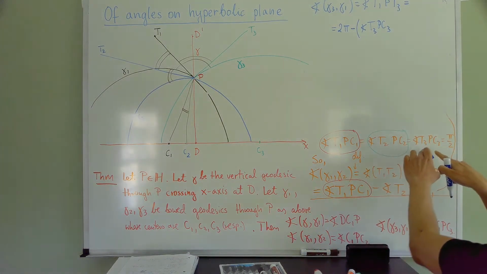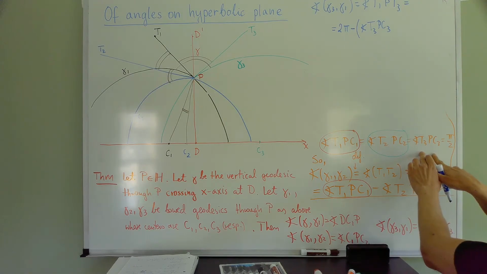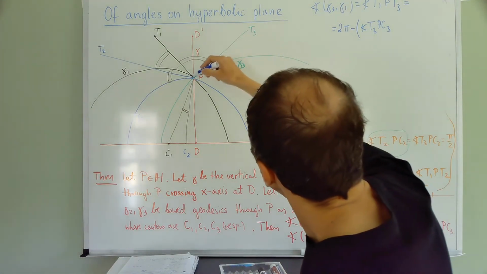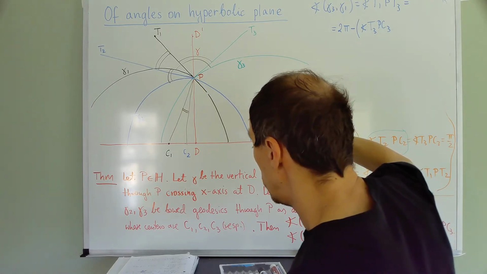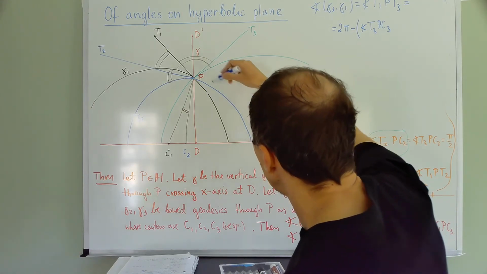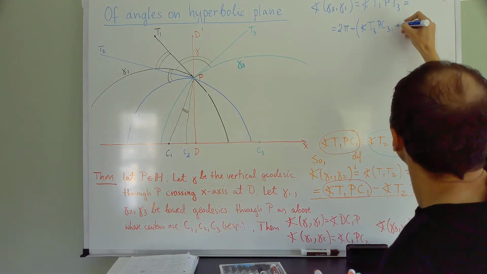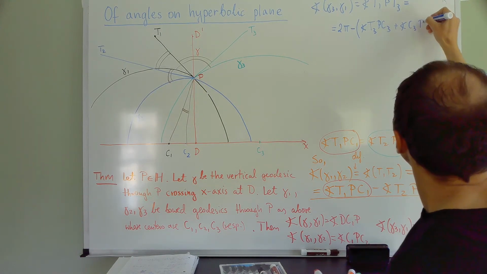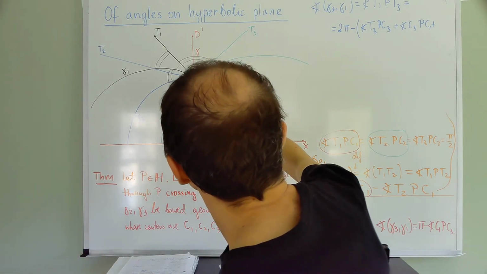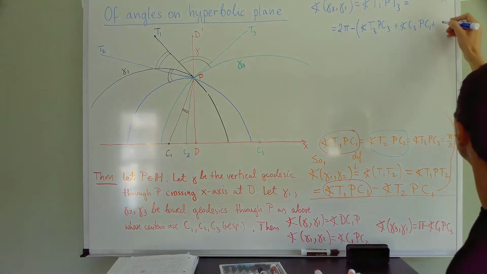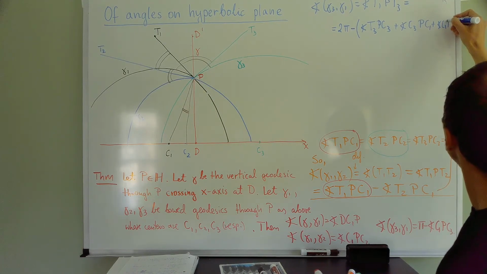I'm doing it because I know T3 P C3 is actually 90 degrees. Then plus the angle C3 P C1, and finally plus C1 P T1.